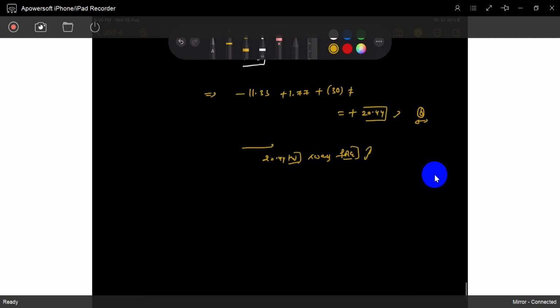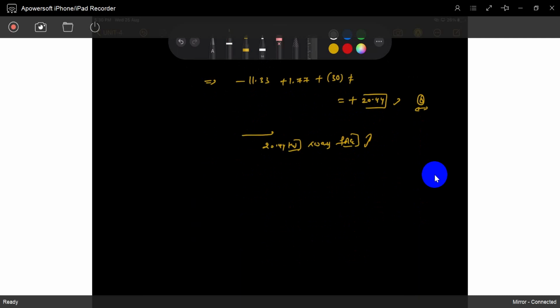Understood? So if you just observe it, the system, it is a 30, it's a 2, it's a 4. If you apply like this, if some support is there, if you apply 20.44 like this, it's a non-sway, because it has support attached.